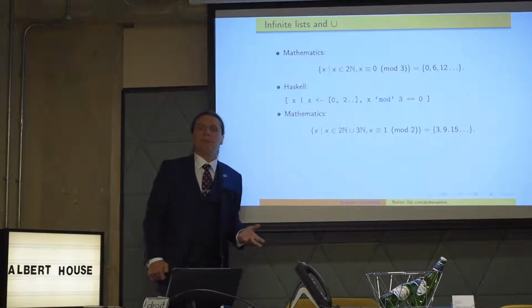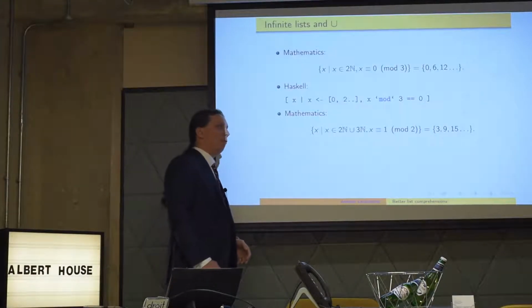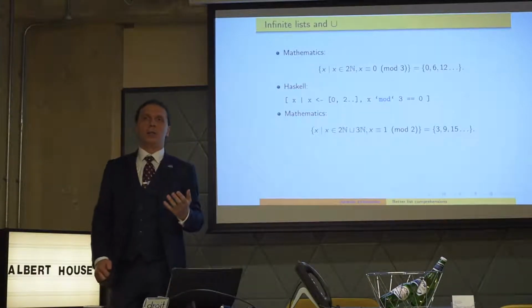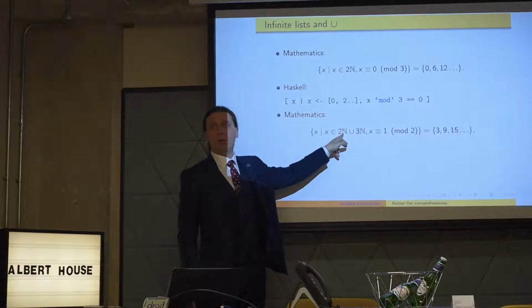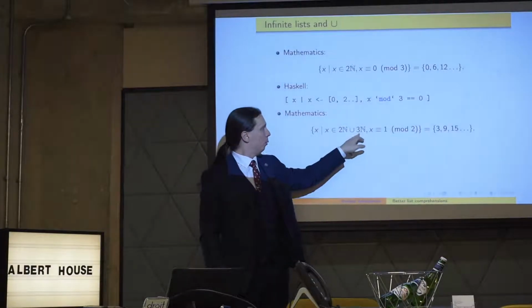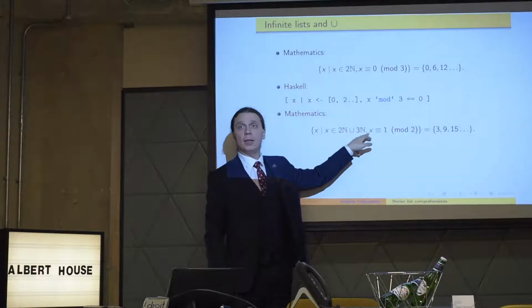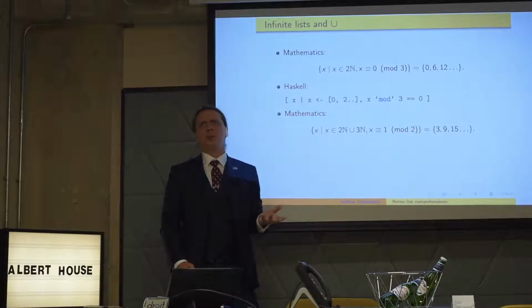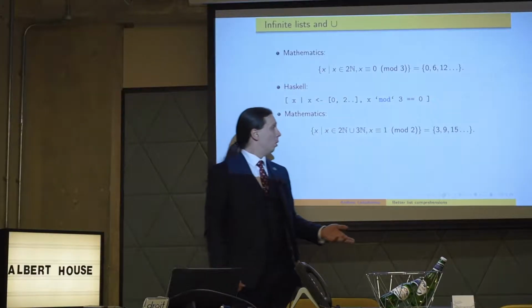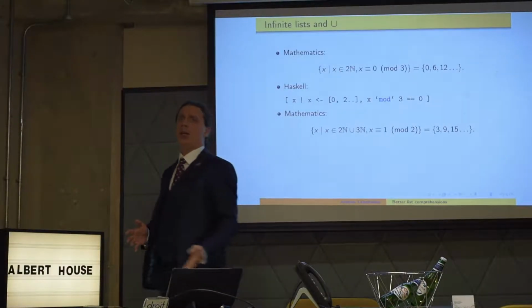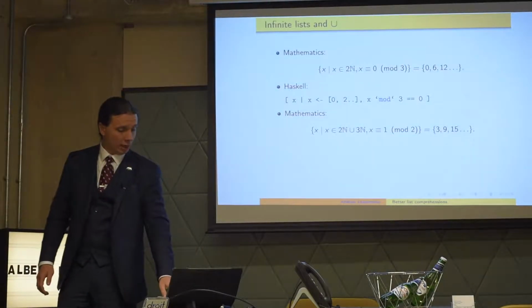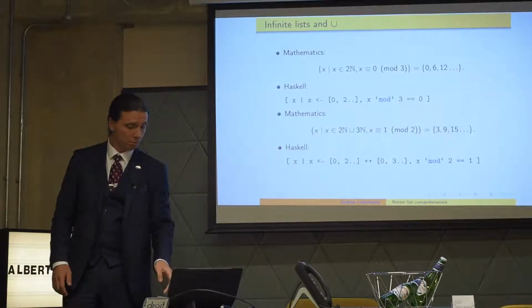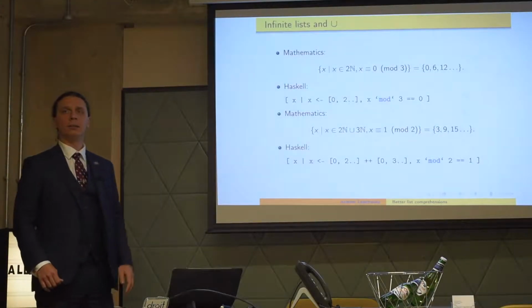Every mathematician can quickly understand that no even number can be odd, so we can start with this set. We're looking for numbers divisible by 3 and odd at the same time, so it's 3, 9, 15, and so on. We can write the same expression in Haskell like this.